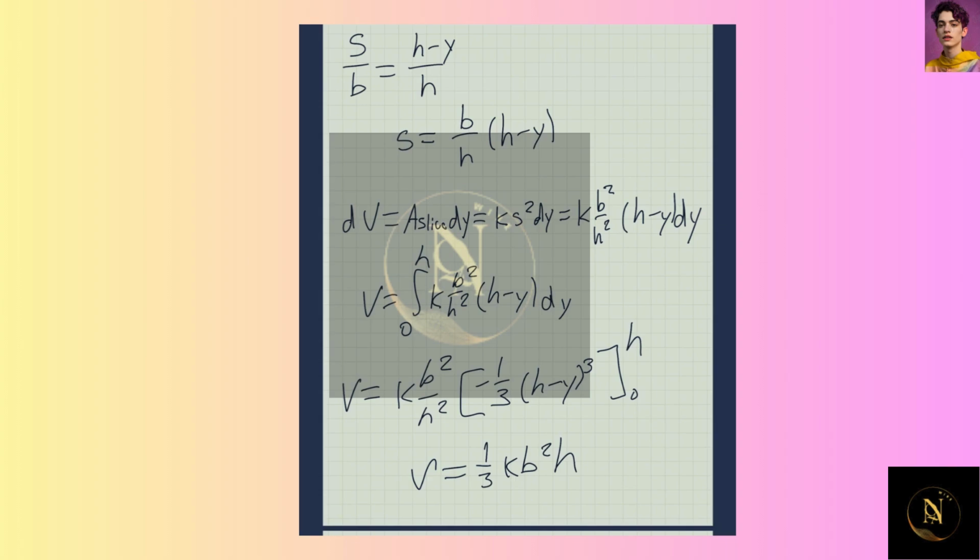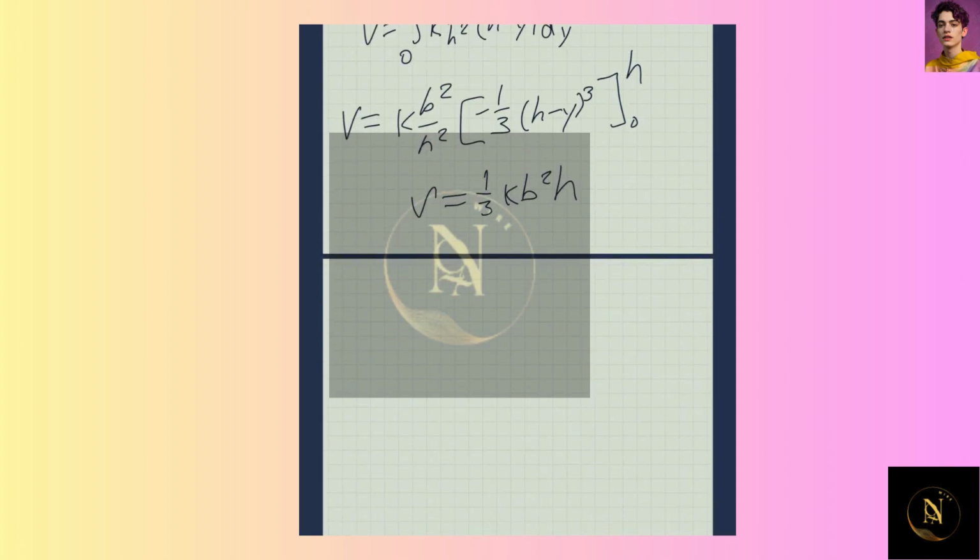And plugging in 0 and h, we get that the volume is equal to 1/3 k b squared times h.